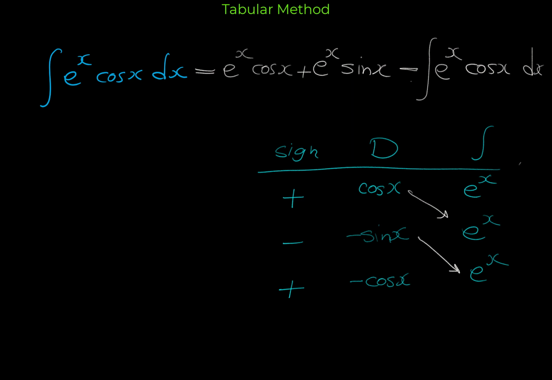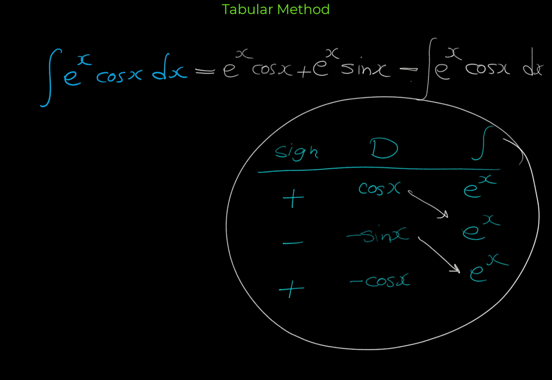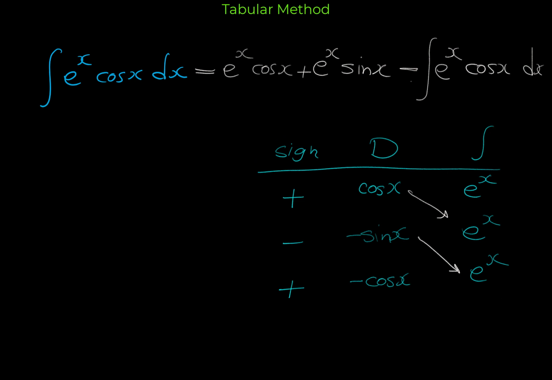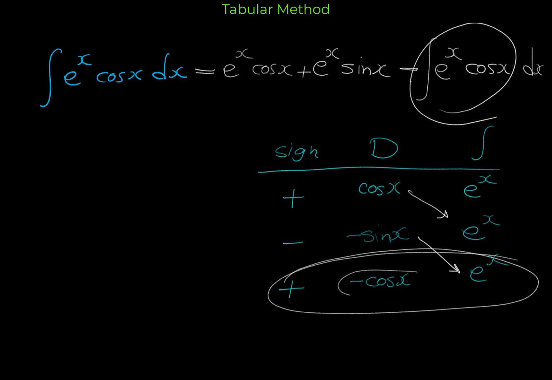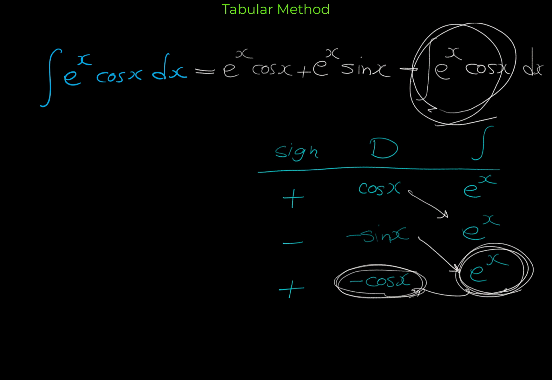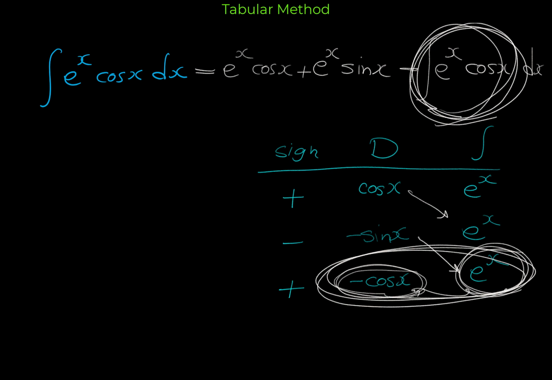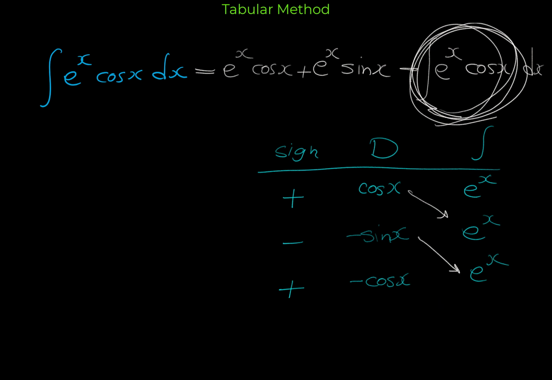We make the table as usual in the tabular method, but the difference is that because we never get to zero, when you multiply the first two as usual, you have to integrate the product of the function in the derivative column with the function in the integral column. So integral of, always at the end you have an integral. Integral of what? The product of the functions in the last row.